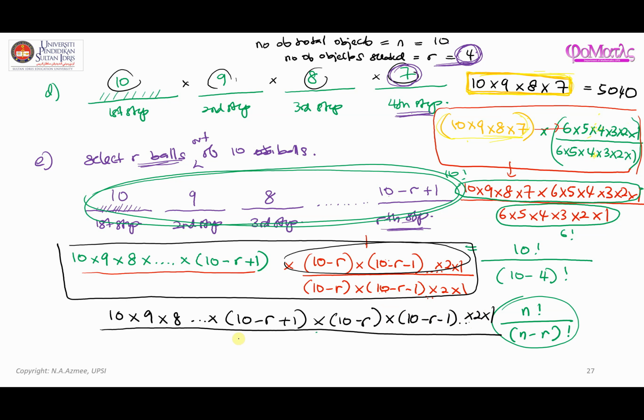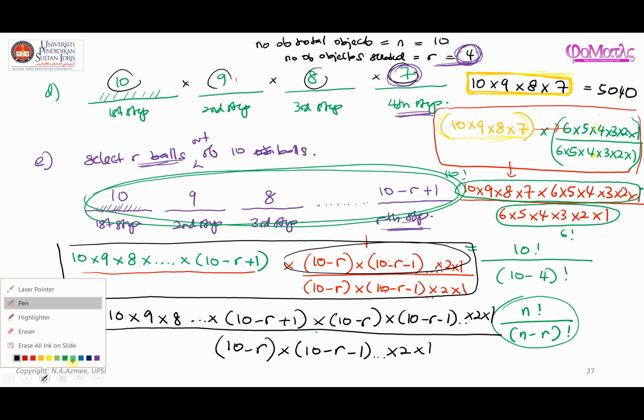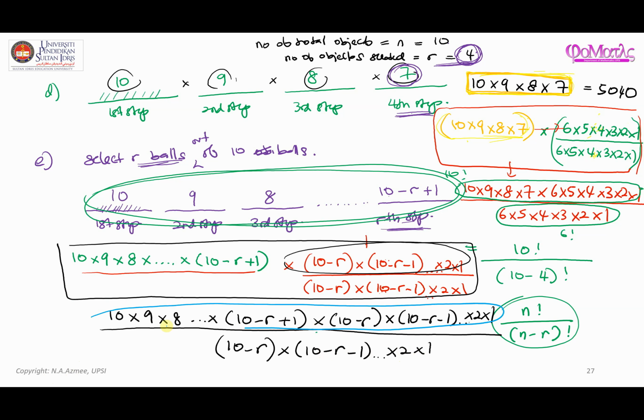Okay, so at the bottom here we have 10 minus r times 10 minus r minus 1, my pen here is a bit slow and it's not sensitive to my writing, times 2 times 1. And I hope that you can see from this part here, this is actually the same idea as having 10 factorial. So this is actually 10 factorial.